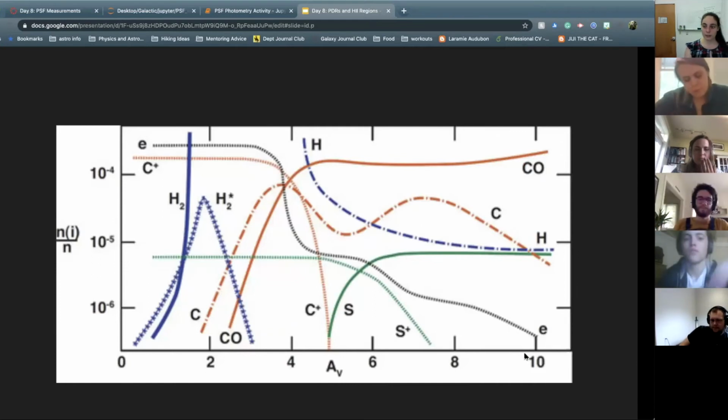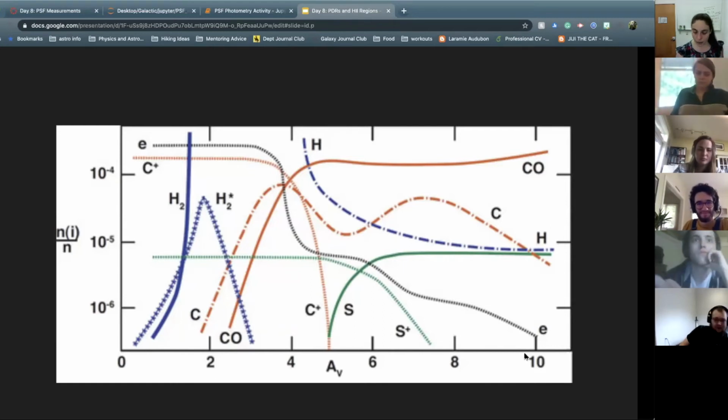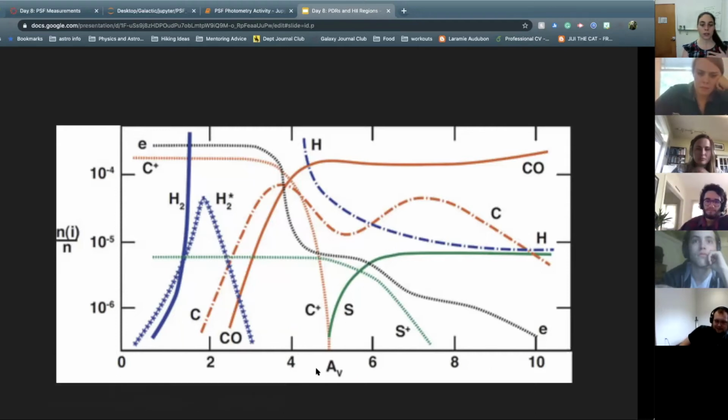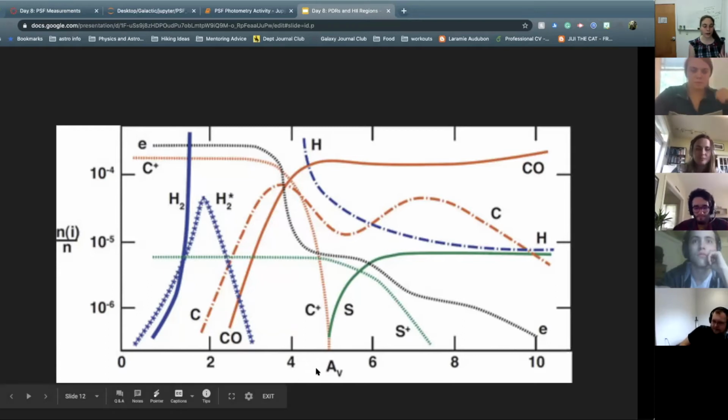Just in case that wasn't confusing enough, here is a slightly more complicated diagram showing essentially the same thing, but in a slightly more complicated way. So this is, again, as a function of extinction, just kind of how much we would expect to have of different ions and molecules.